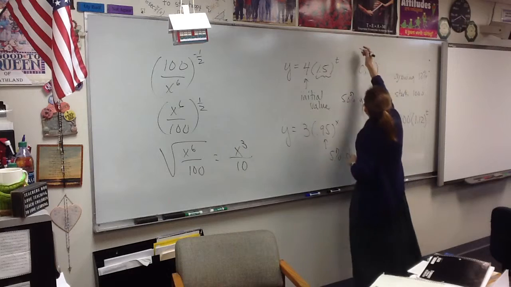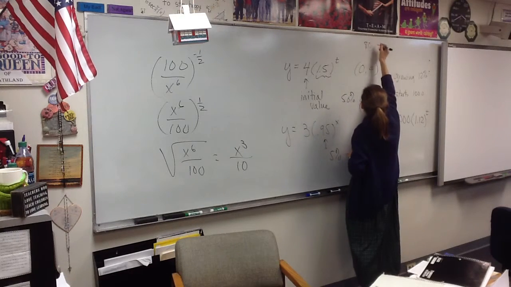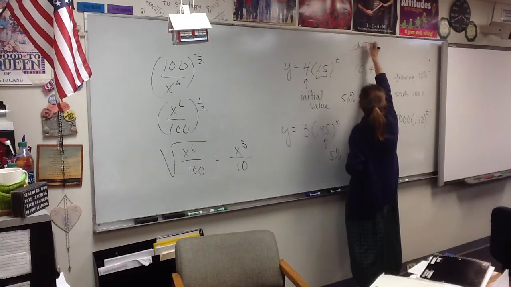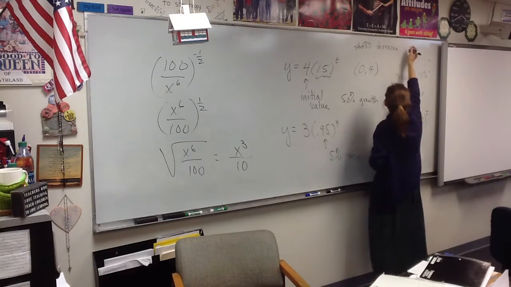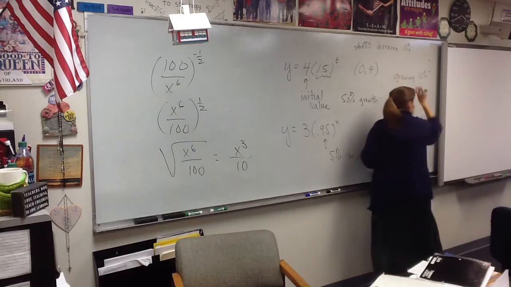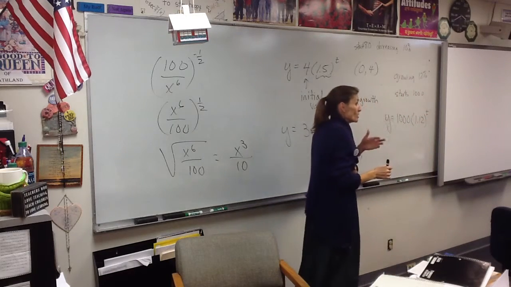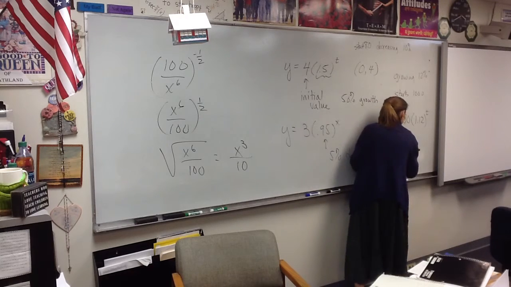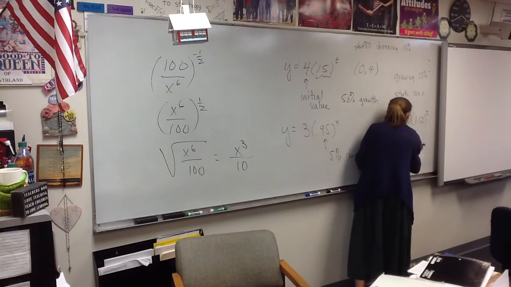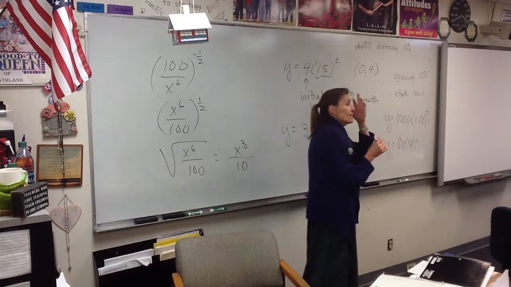So if we had a population that was 80 to start with, and it was decaying 10% per year, what would that equation look like? Y equals 80 times 0.9 to the x.